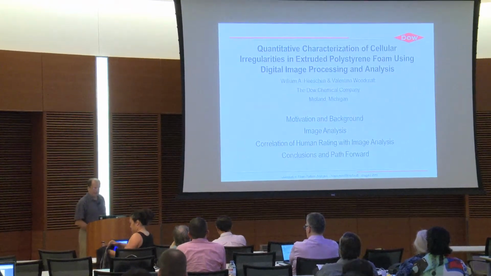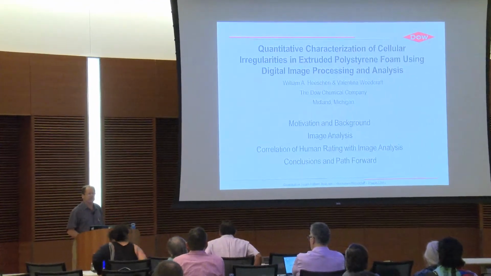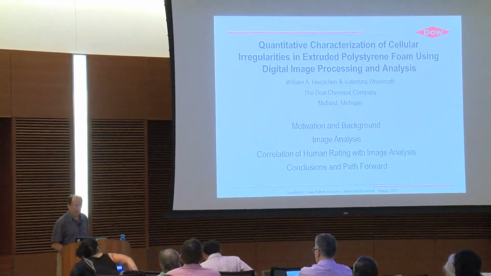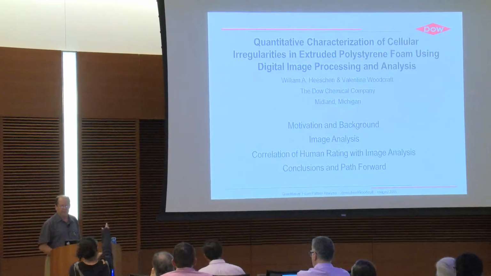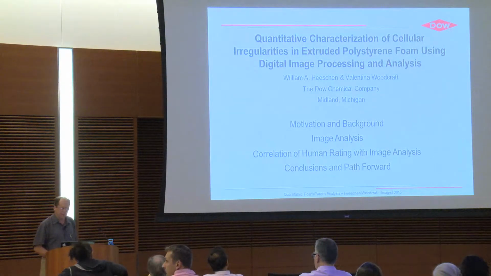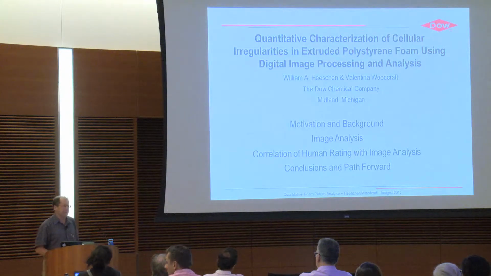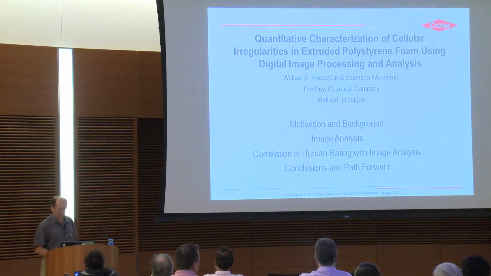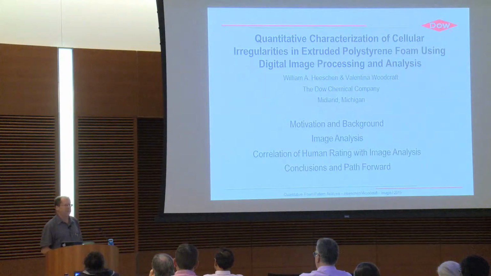So I'll start out by giving a little bit of motivation on the background of the problems that we're trying to solve here. I'm going to spend a fair amount of time talking about the image analysis because that's what's of interest to this group. And then following up on an interesting aspect of something that Benjamin was kind of getting at. We rate the appearance of these foams by human panel rating right now.